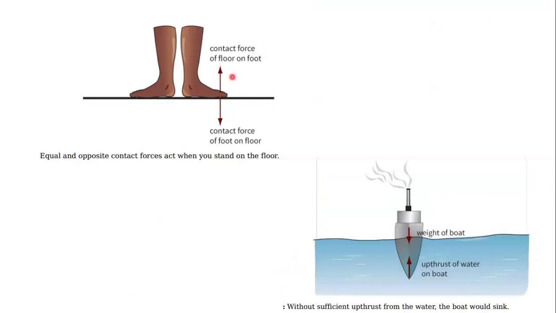It is explained here, the contact force of the floor on the foot. Now you have to remember where the force starts and ends. The reaction is from the floor on the foot, and the weight of this foot is from the foot on the floor, right?